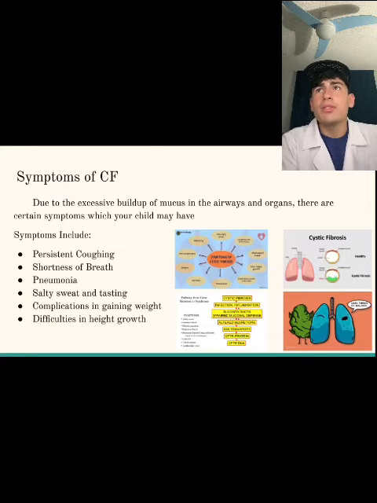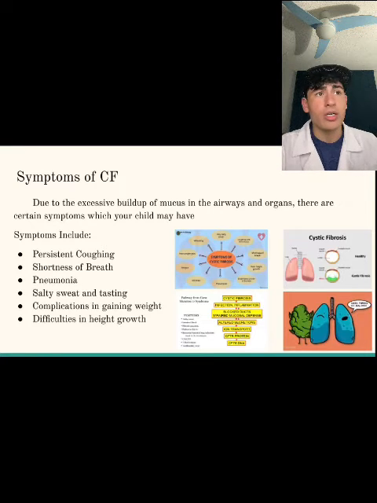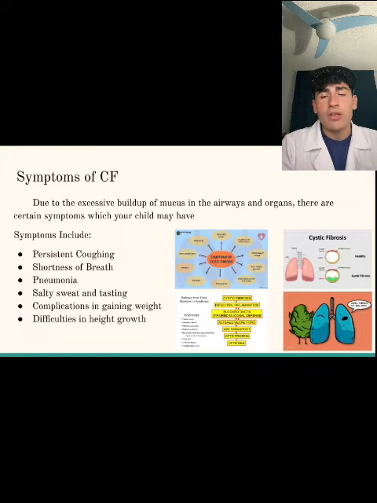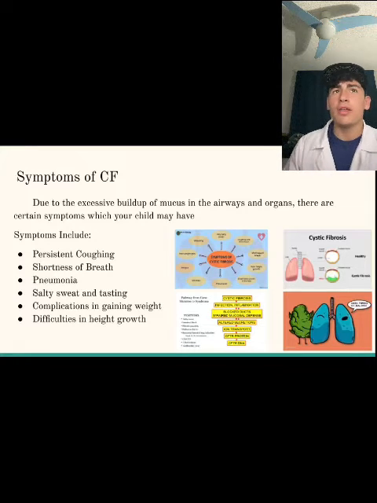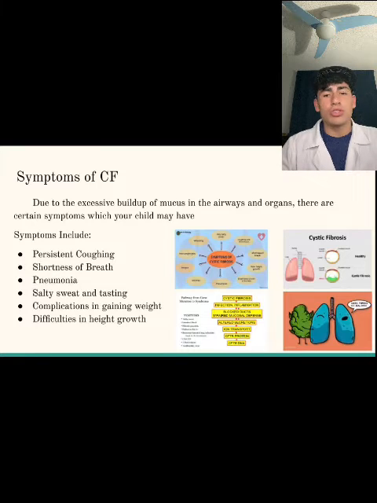Symptoms will typically include persistent coughing, shortness of breath, pneumonia, perhaps salty sweat and taste, even complications in gaining weight and height growth. These are all common symptoms of cystic fibrosis. If you want to take a look, just look at the pictures to your right, and those should give you a visual of what I am talking about.